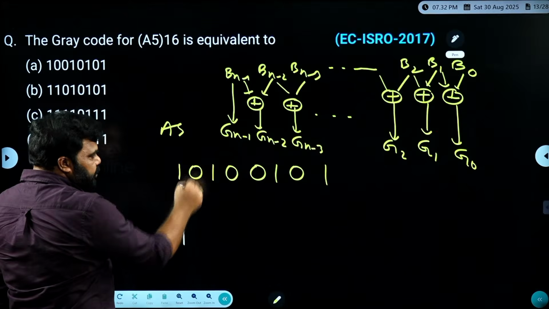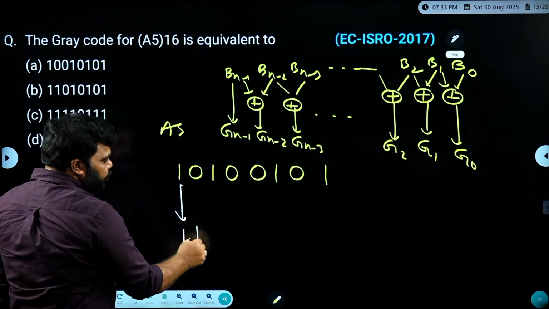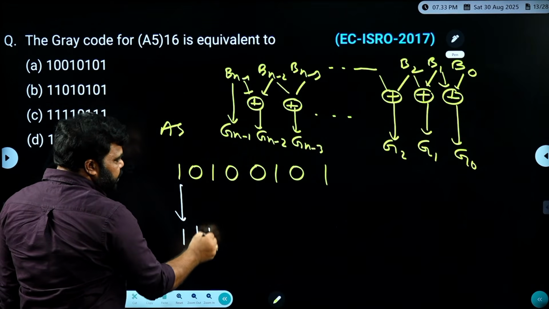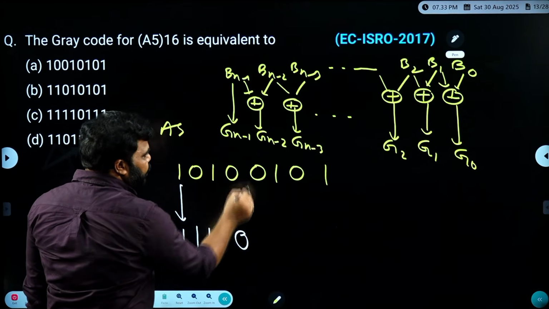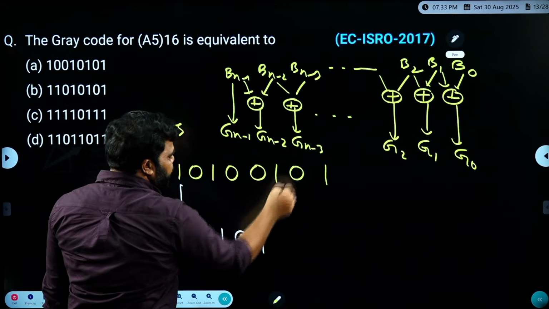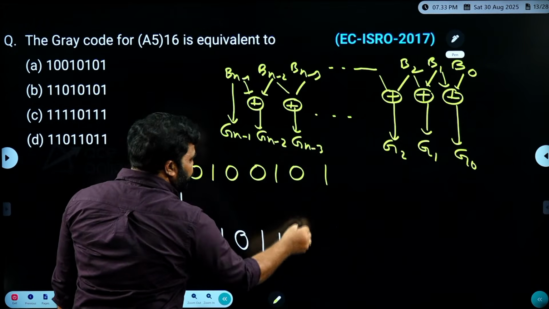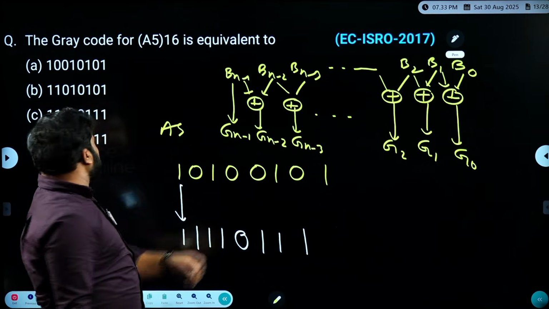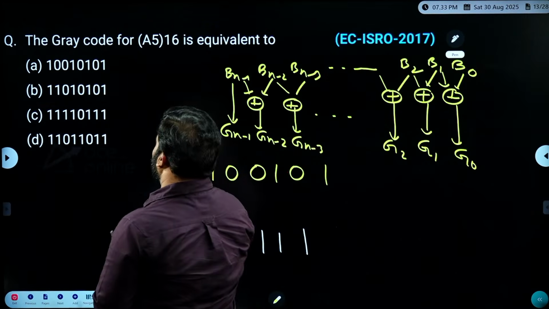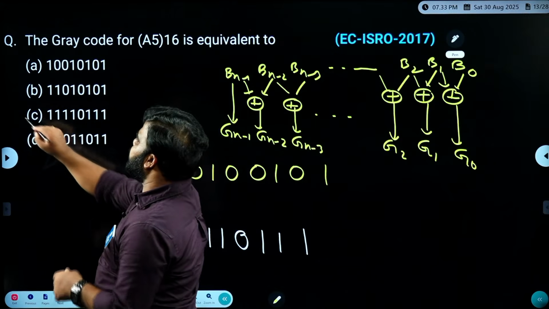Then take XOR of these two, resulting 1. XORing these two is resulting 1. XORing these two resulting 1. XORing these two resulting 0. XORing these two is 1. XORing these two is 1. XORing these two is 1. So what we are getting here? 1 1 1 1 0 1 1 1. So from the given options we can choose, answer is C.